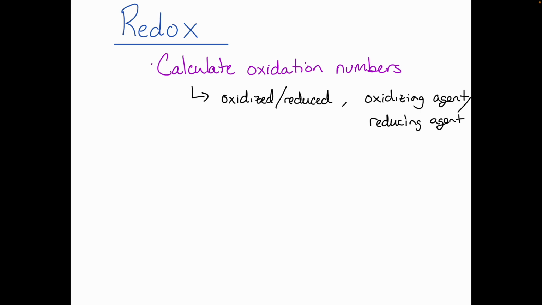And then we had even more fun with these redox reactions. We didn't stop there, right? We learned how to balance these redox reactions. And we learned that they can't be balanced by our simple mass balancing. We instead need to split it up and balance by what we call half reaction.